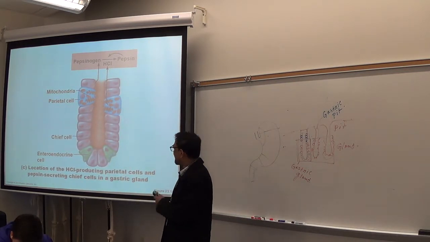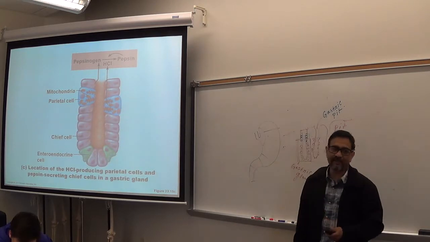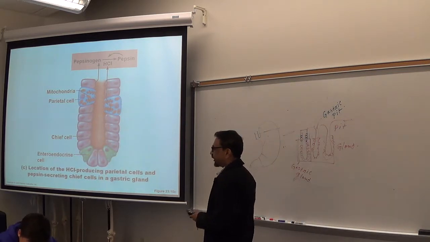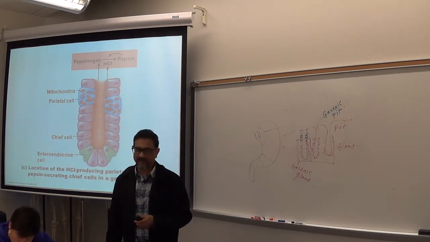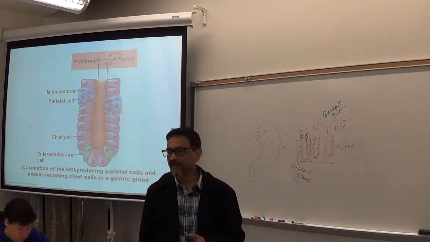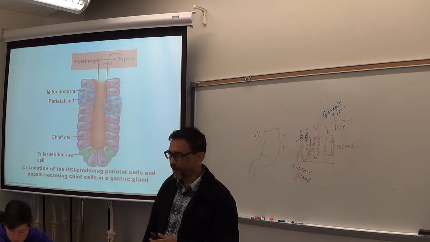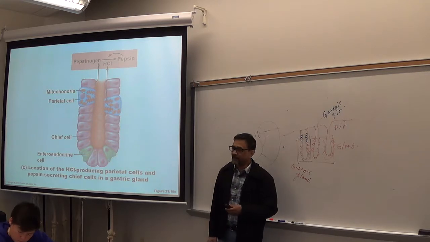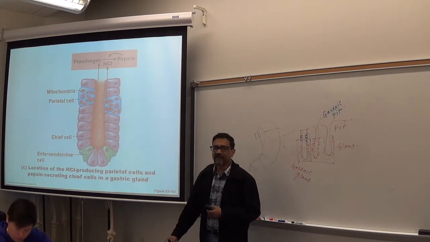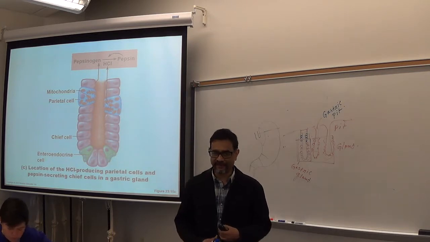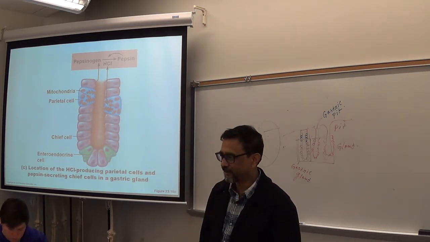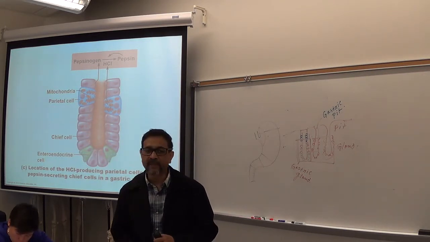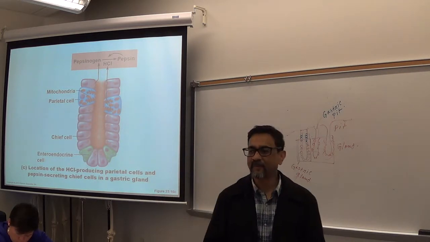The chief cells secrete a chemical that is called pepsinogen. Important chemical, but it is an inactive chemical. Pepsinogen is an inactive chemical secreted by chief cells. Then parietal cells secrete hydrochloric acid, HCl, and that hydrochloric acid converts the inactive pepsinogen to active pepsin.